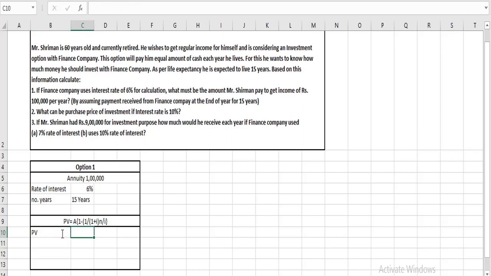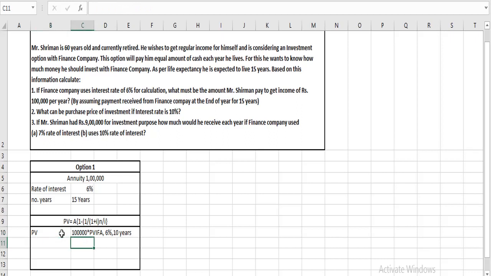So the present value will be 1 lakh, and we can apply the present value annuity factor at 6% and 15 years.